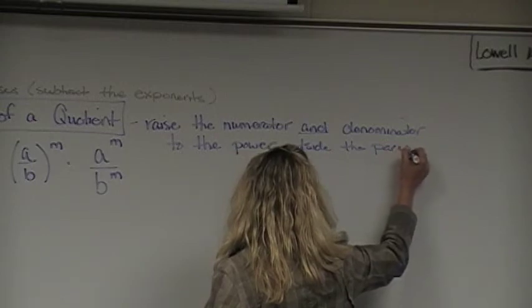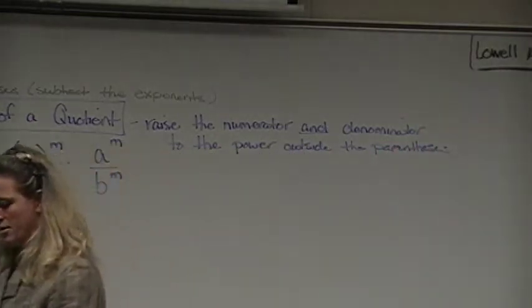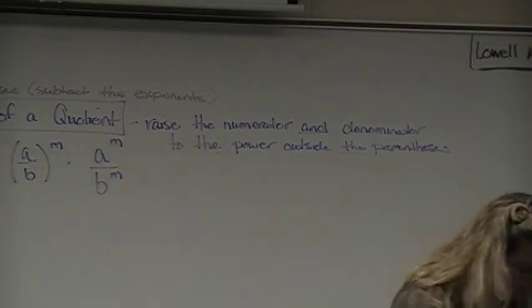That's really what it's saying, in layman's terms. It means that we're going to raise everything inside that parentheses, numerator and the denominator, to the power outside of it. All right, let's go ahead and do a couple examples of this.